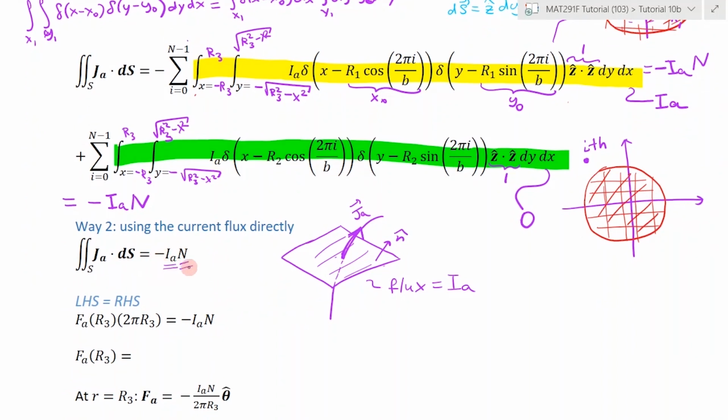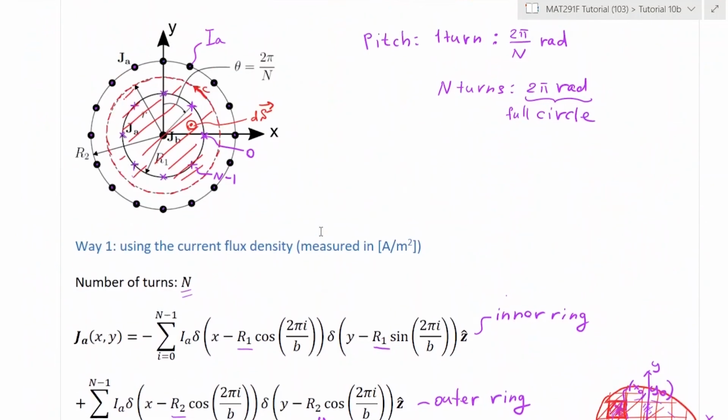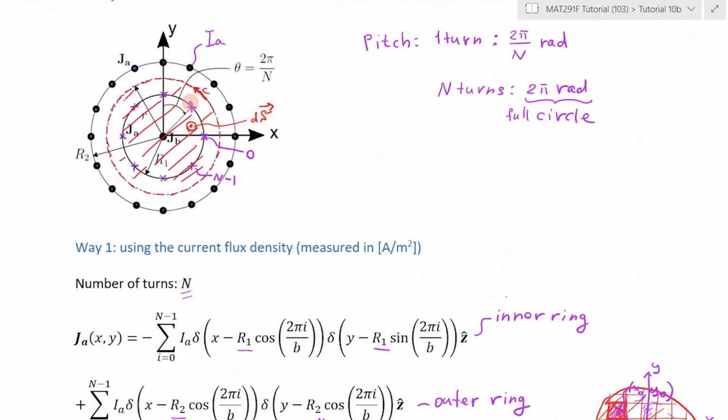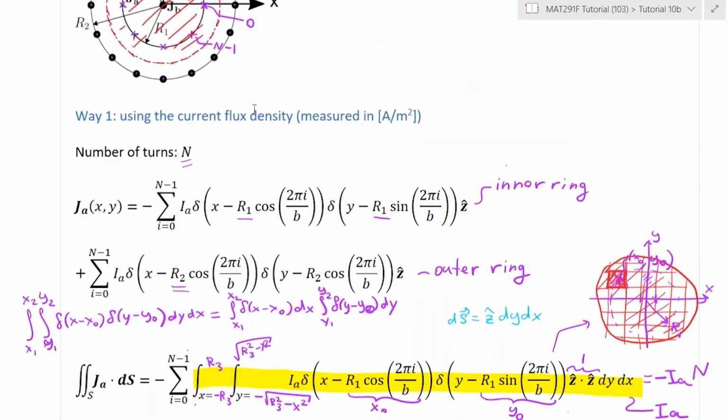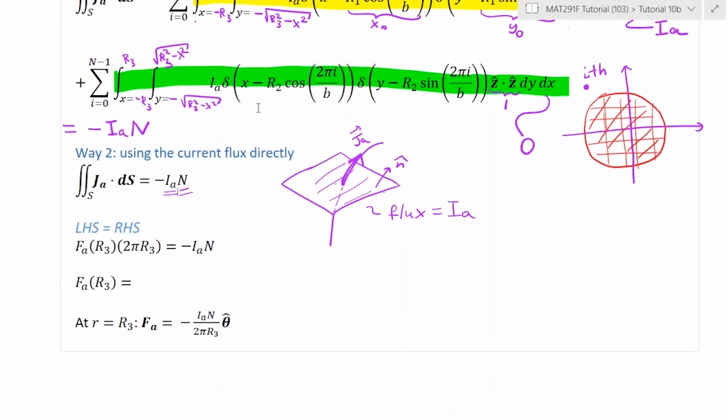The reason is that this is the case when n hat and JA are in the same direction. But we don't have this situation. We have a situation where the current is into the page, but the surface is oriented out of the page. You see this vector is in the z hat direction. That's why instead of plus, we need to take a minus.